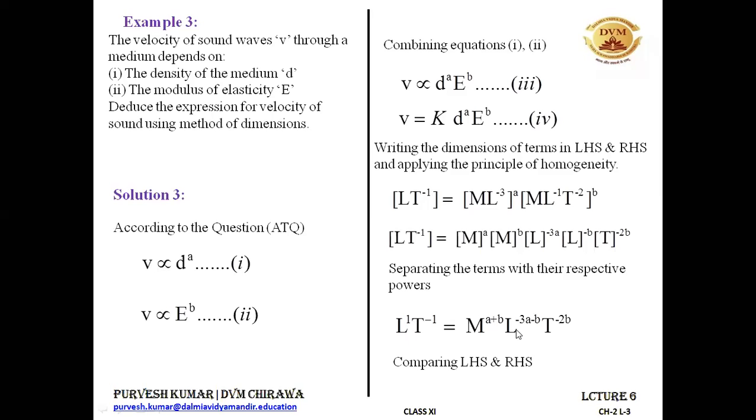And T has power minus 2B towards the right hand side, and that has to be equal to minus 1 because the power of T is minus 1 in the left hand side. So I have written: A plus B equal to 0, minus 3A minus B equal to 1, and minus 2B equal to minus 1.